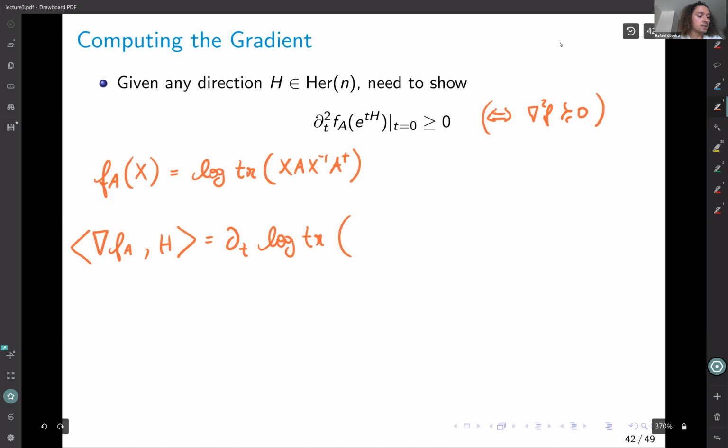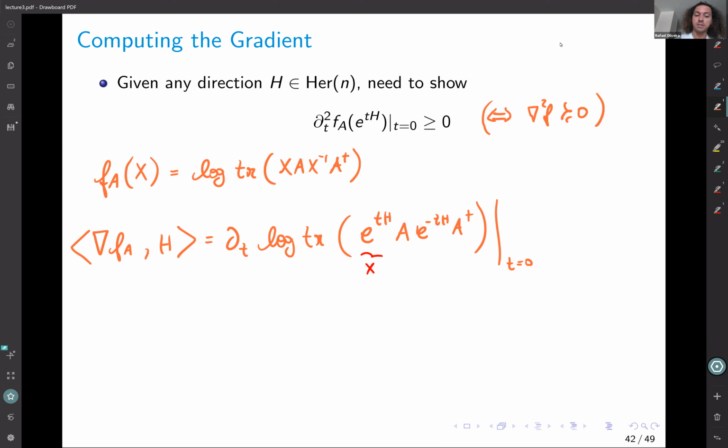Here we're going in direction H, so X becomes e^{tH}. Then here we have A, and then e^{-tH}, A dagger, evaluated at t equals 0, by our definition of gradient.